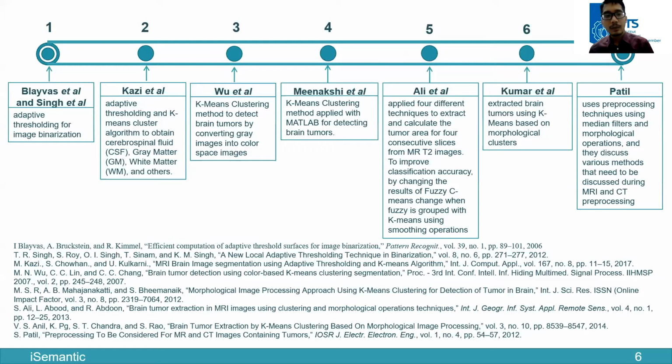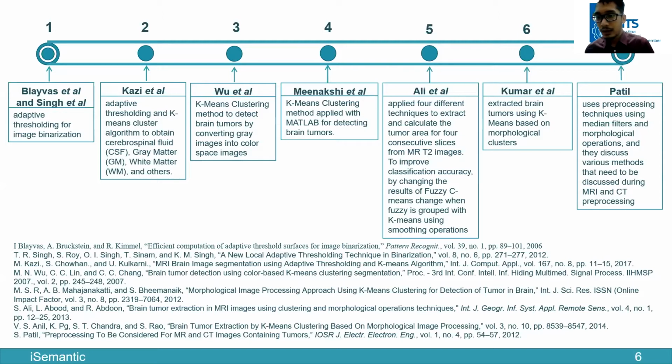Then Wu used the K-means clustering method to detect brain tumors by converting gray images into color space images. Then Menaxi et al. applied the K-means clustering method with MATLAB for detecting brain tumors. Ali et al. applied four different techniques to extract and calculate the tumor area.